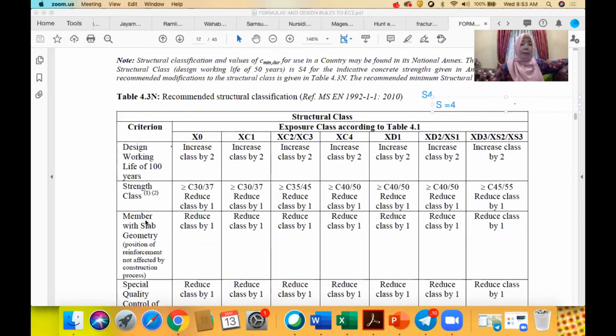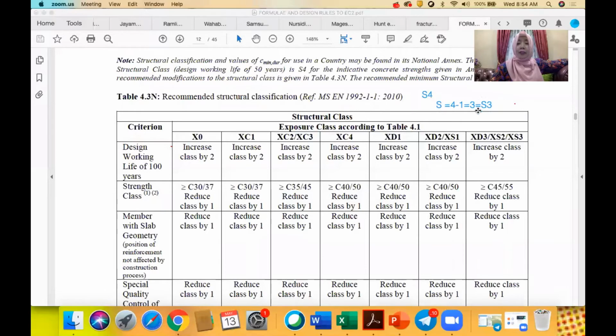Member with slab geometry? Yes, reduce by 1. Special quality control? No, we don't consider it. Therefore, we have 3, so our S now becomes S3.